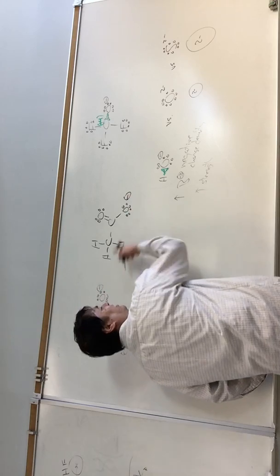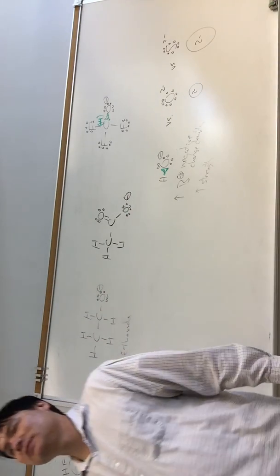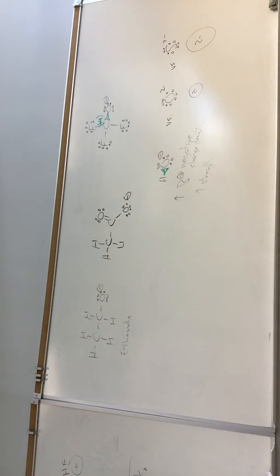Here we have a negative charge. Are these about the same in terms of basicity, ethoxide and acetate? No, ethoxide is a powerful base. Acetate is a weak base. Acetic acid is a moderate acid. Why is acetate a weak base?